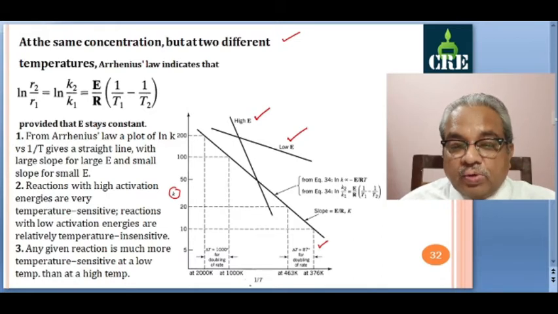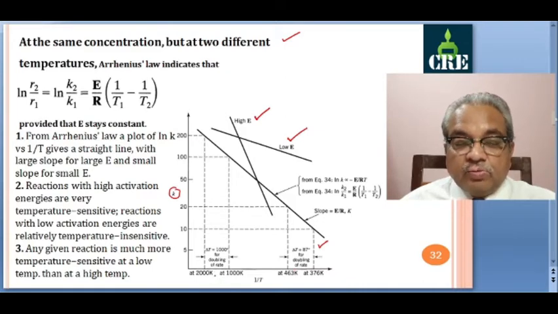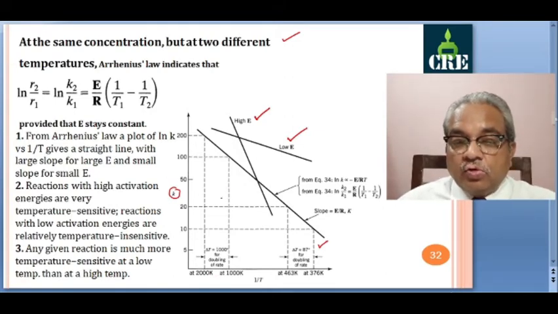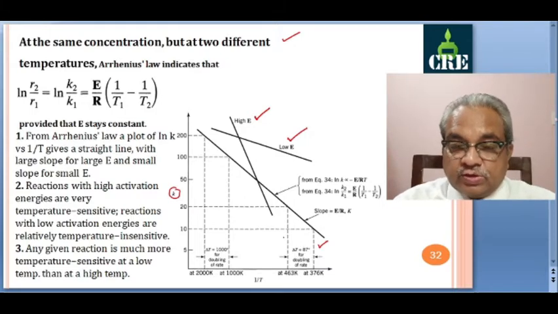So 1 by T on this side represents low temperature, and 1 by T on this side represents high temperature. T is high, 1 by T will be low. So at low temperatures means higher values of 1 by T. Here for doubling, only 87 degrees delta T is required, means more temperature sensitive.